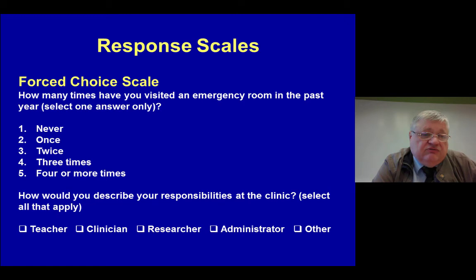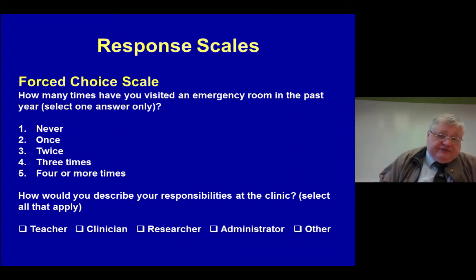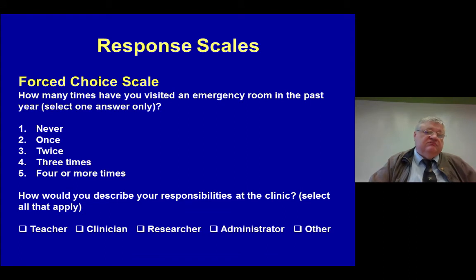So, for example, how would you describe your responsibilities at the clinic? Select all that apply. So someone working there could be a clinician, could be doing administration, could be doing research, or they could be doing other things as well. And other is typically where you would see a pop-up window come up and you say, please explain.